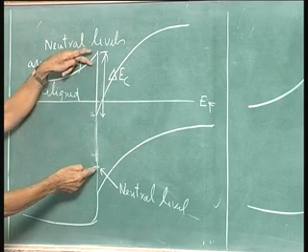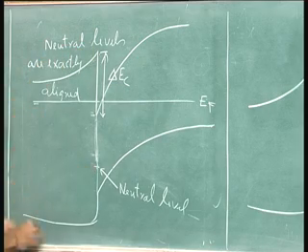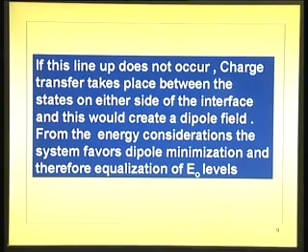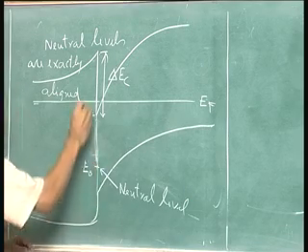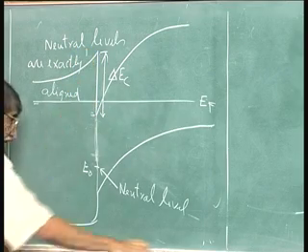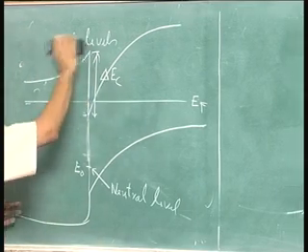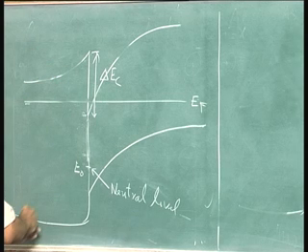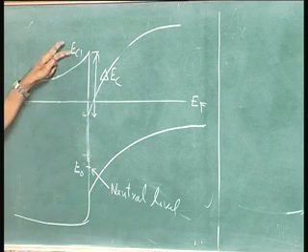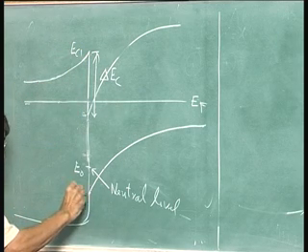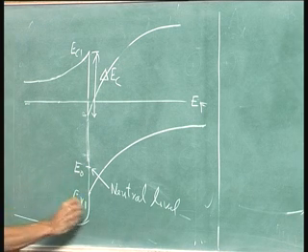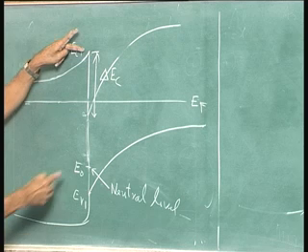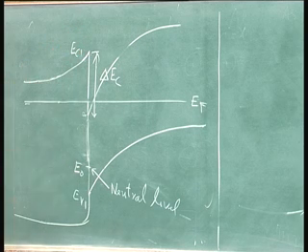This is that. And this quantity E C 1 minus E naught is approximately equal to 2/3 of E g 1. And this is E C 2, and this is of course also E V 2. See, E C 1 is there, E C 2 is there. So, E C 2 minus E naught is equal to 2/3 of E g 2.